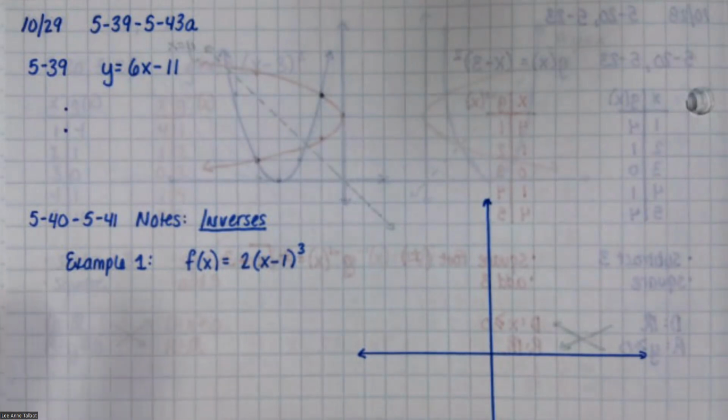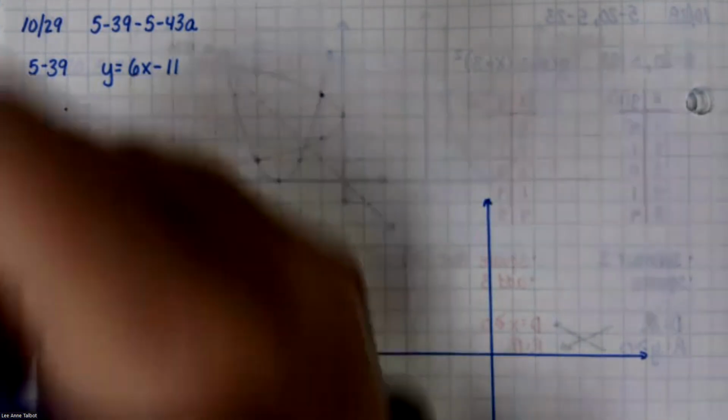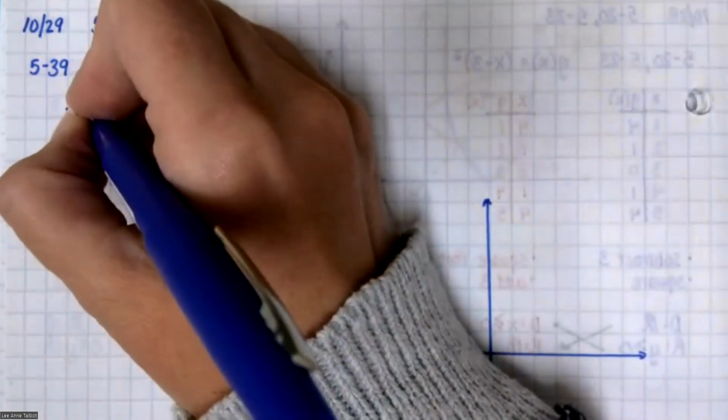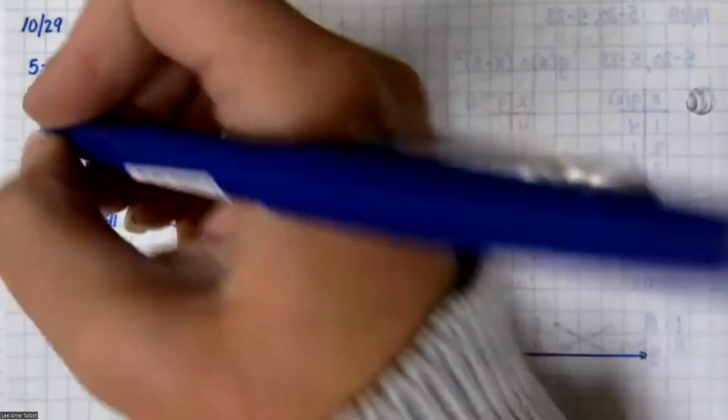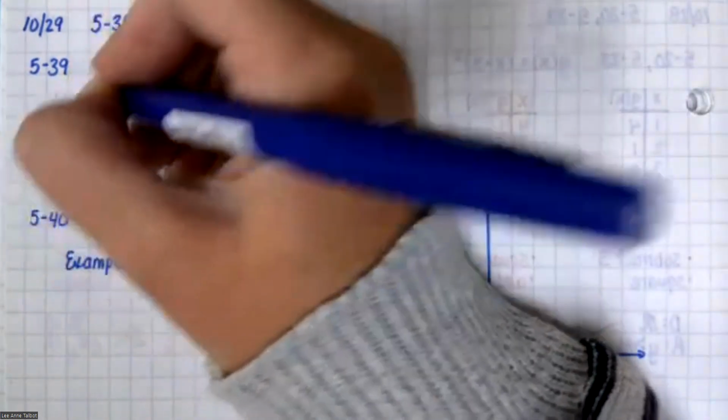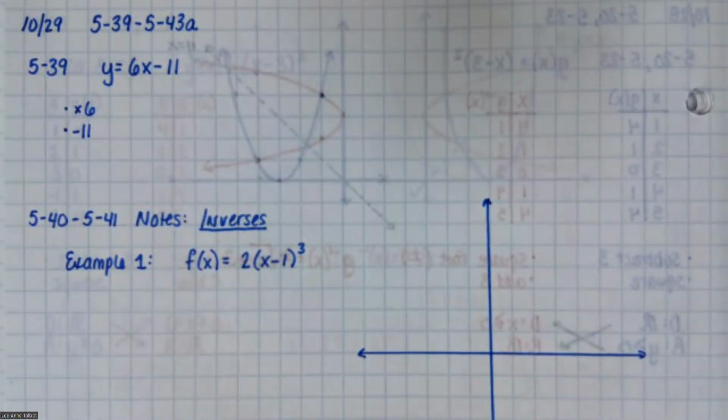Okay, order of operations, what comes first on number 39? Multiply by 6. This is not challenging. This is not meant to trick you. What comes next? Minus 11. Oh, look, Mrs. Talbot has reached her limit of being able to write out the words for the operations.